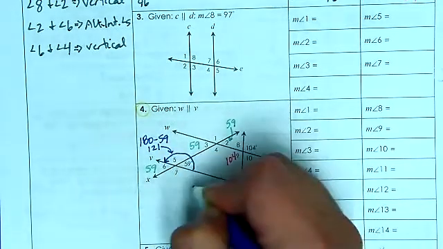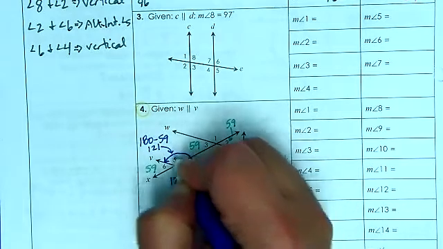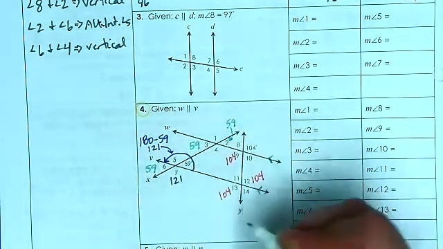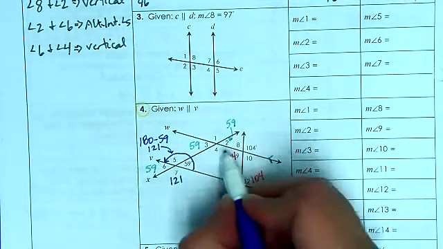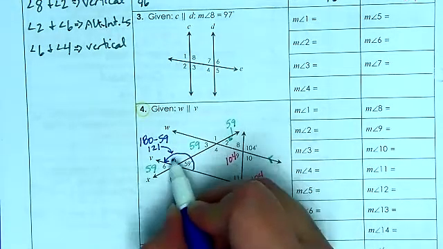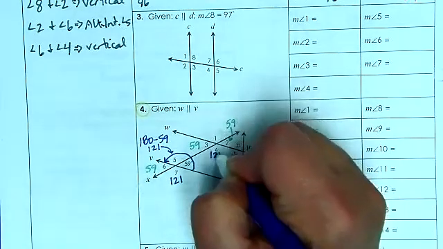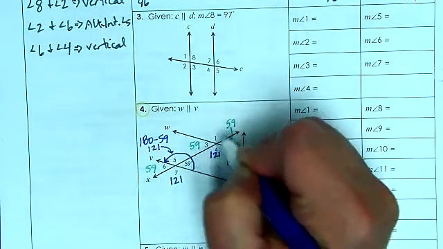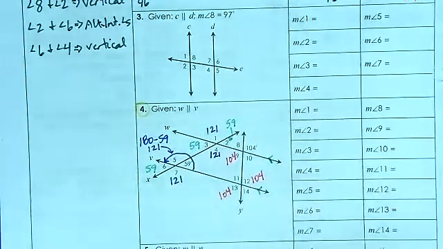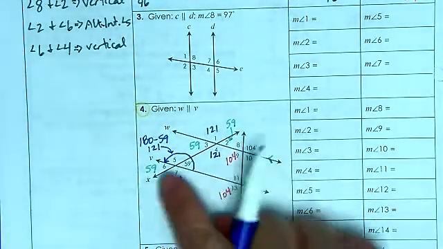If 5 is 121, 7 is 121 by vertical angles. Okay, 5 and 4 are alternate interior angles, so they're congruent. So therefore, this is 121. 1 and 4 are vertical angles, so this is 121. So that took care of this transversal.